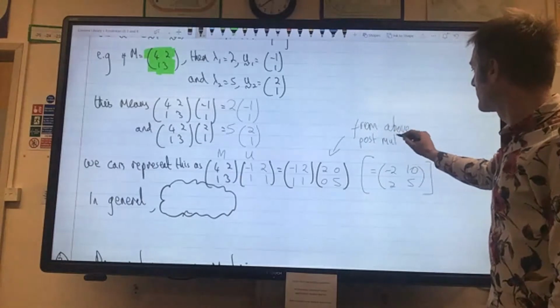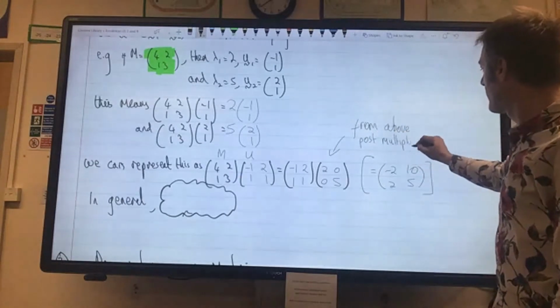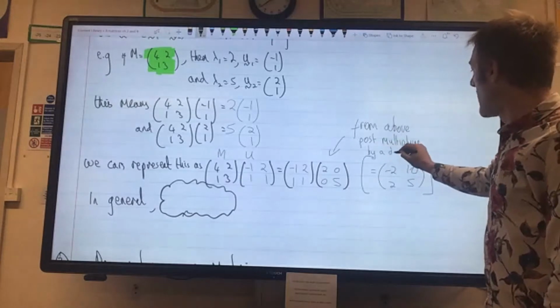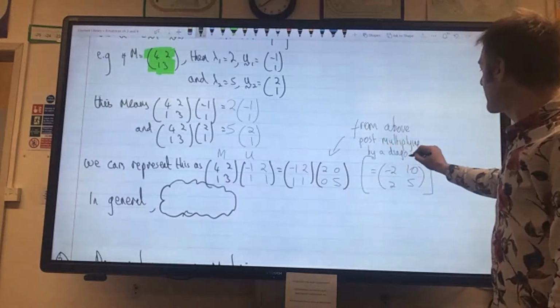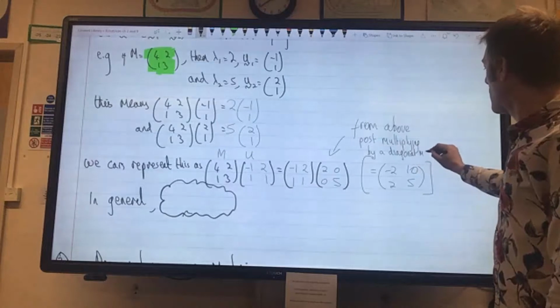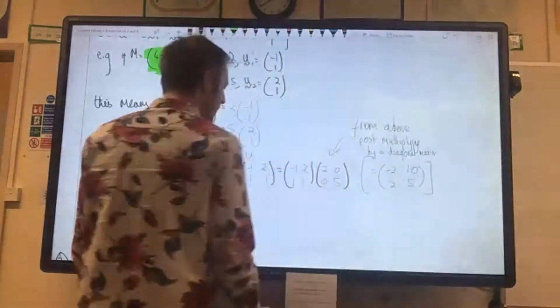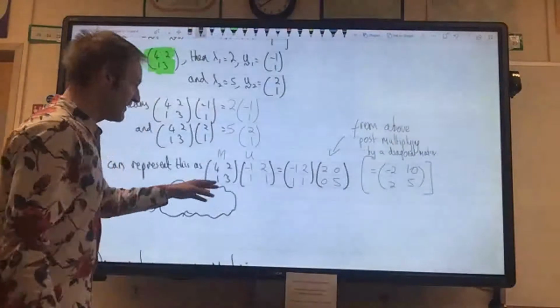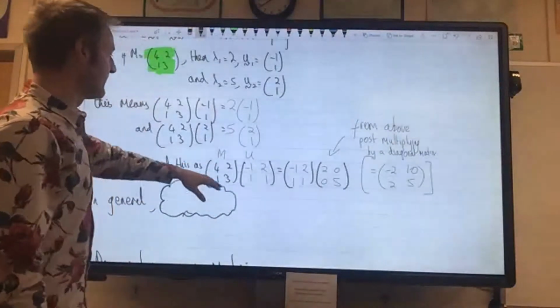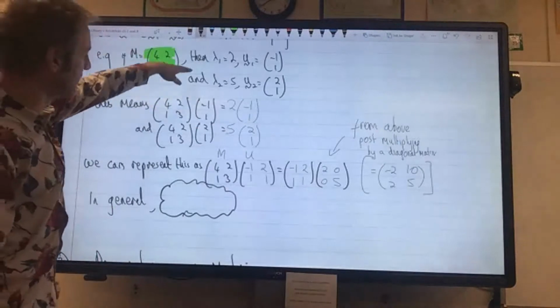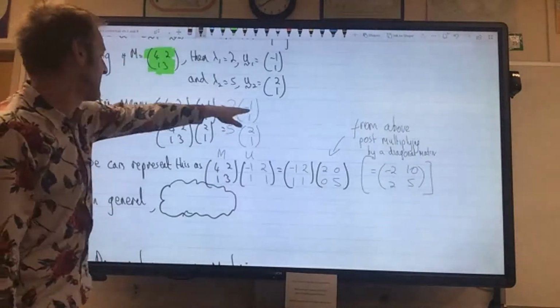So why do we put the eigenvector first in front of the eigenvalues? Okay, what I want to achieve is something equivalent. Here I've said matrix times vector is 2 times the vector.